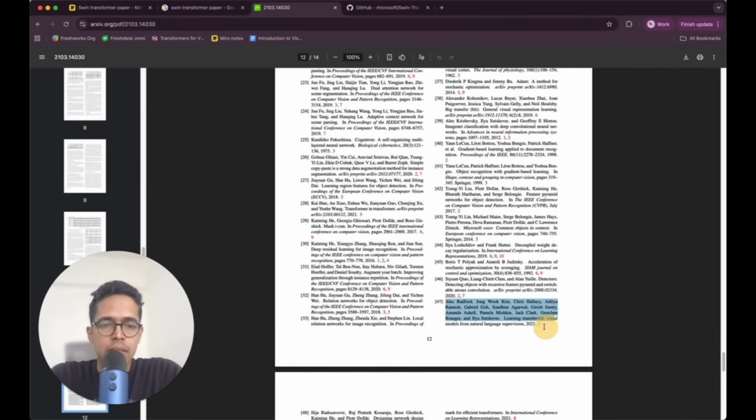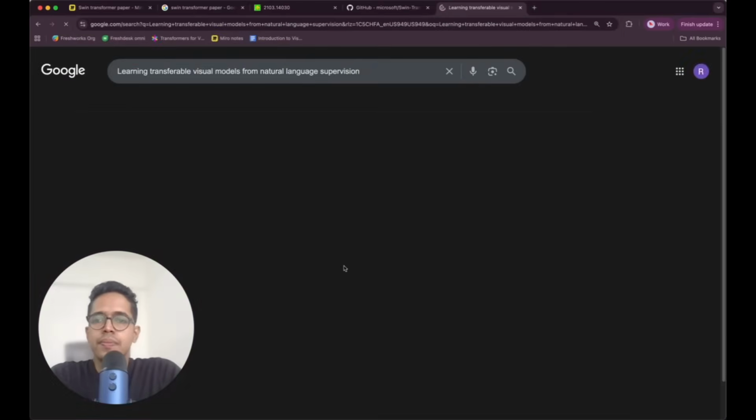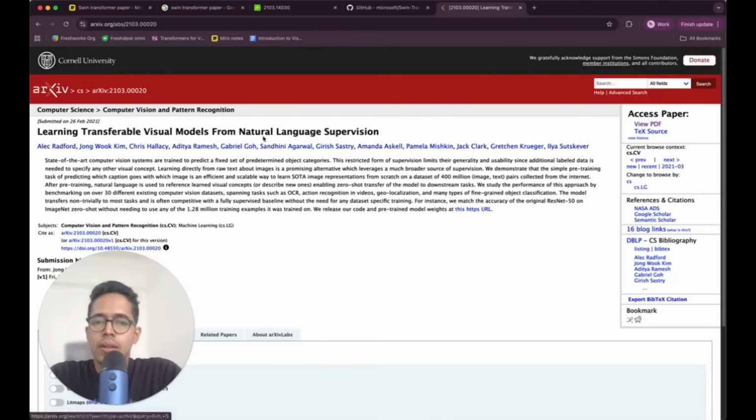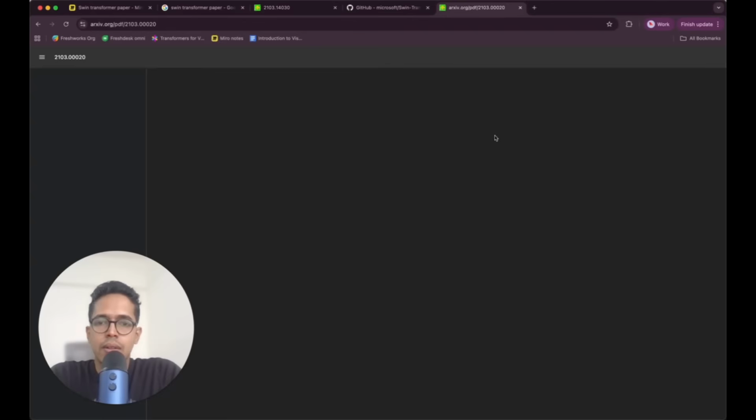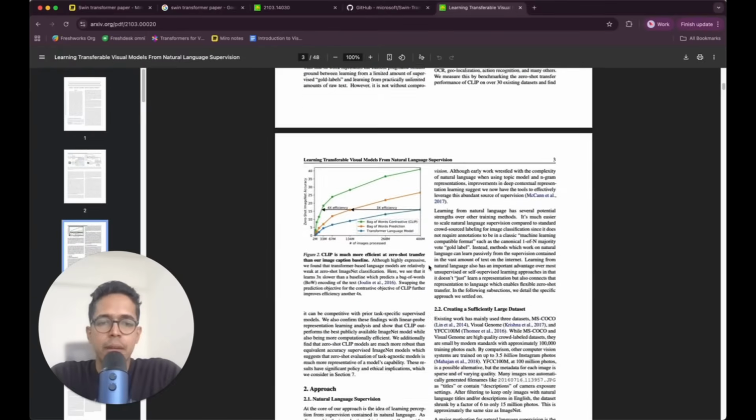This is Alec Radford, learning transferable vision models from natural language supervision. Okay, this is the CLIP paper.